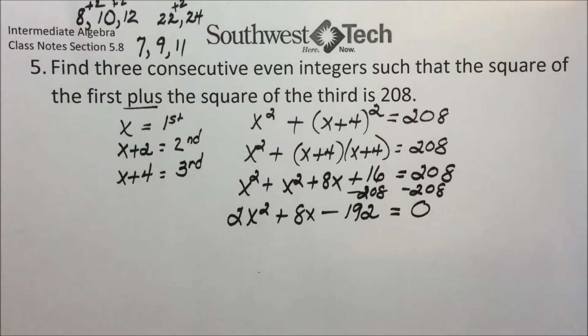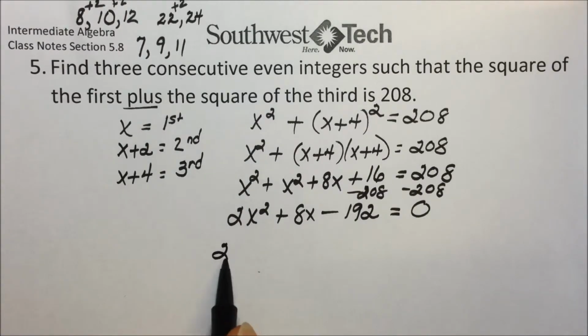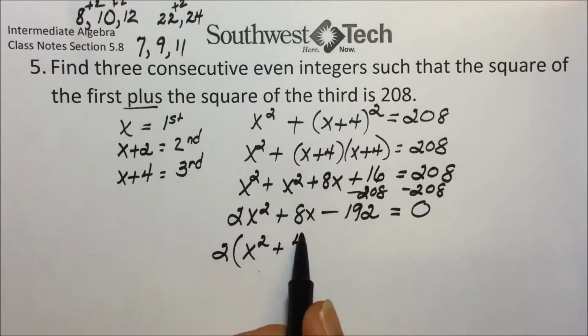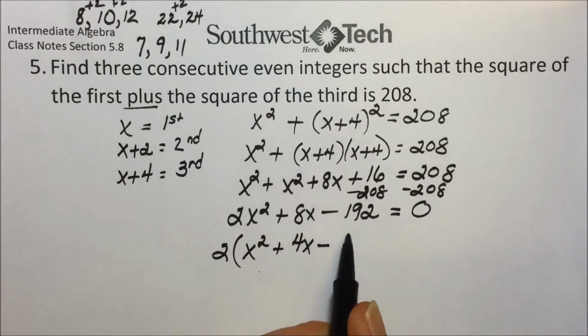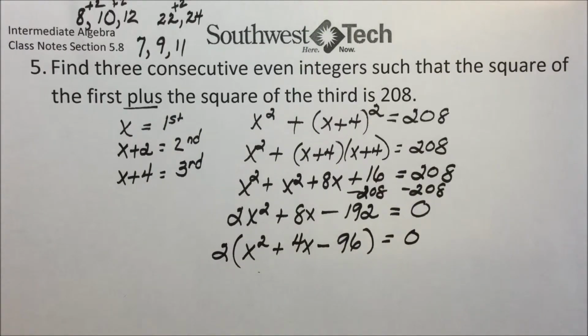Factoring then as our approach to solving this quadratic equation would be to consider greatest common factor, which there is one other than 1, it's 2. Factoring each term by 2 leaves x squared plus 4x minus 96, when we divide by 2, is equal to 0.